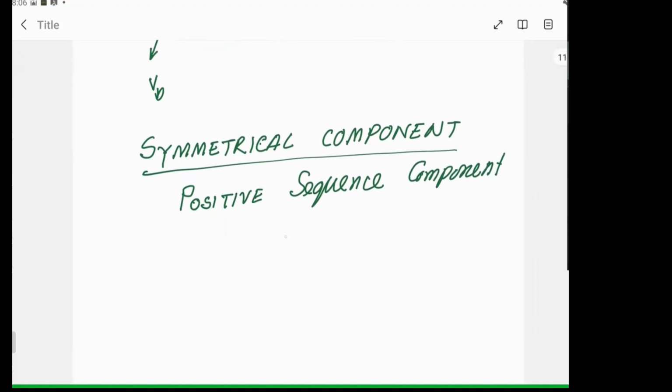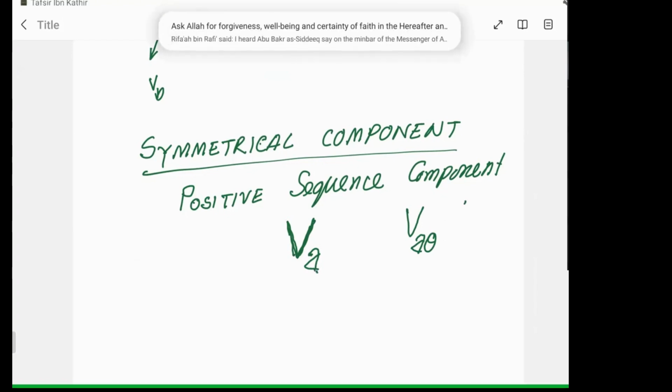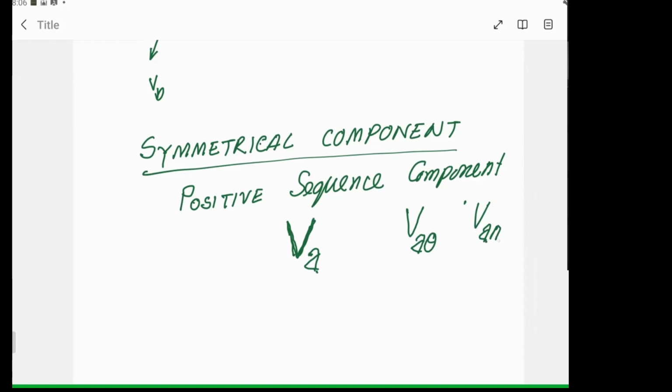Positive sequence component is given by this. Any component can be voltage or current. We write down the voltage or the current symbol, and then we write down which line or which phase it belongs to. If it is a phasor quantity, then usually we write A with an angle theta. For the voltage, we can write the phasor quantity as VAN, meaning line to neutral.